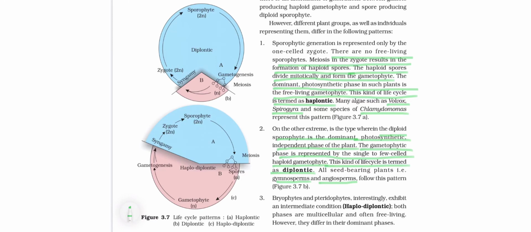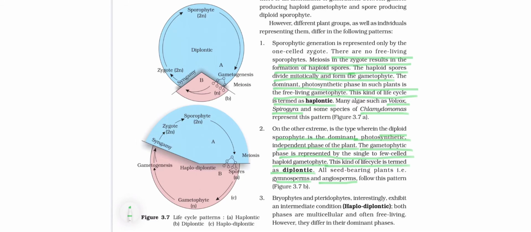These two diagrams in this slide are showing further types of life cycles. The upper diagram is showing a diplontic life cycle, and the lower one is showing a haplodiplontic life cycle. So, actually three types of life cycles we can see.